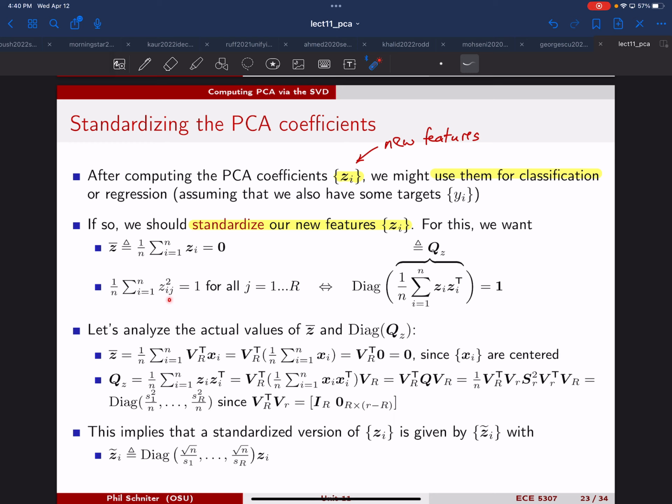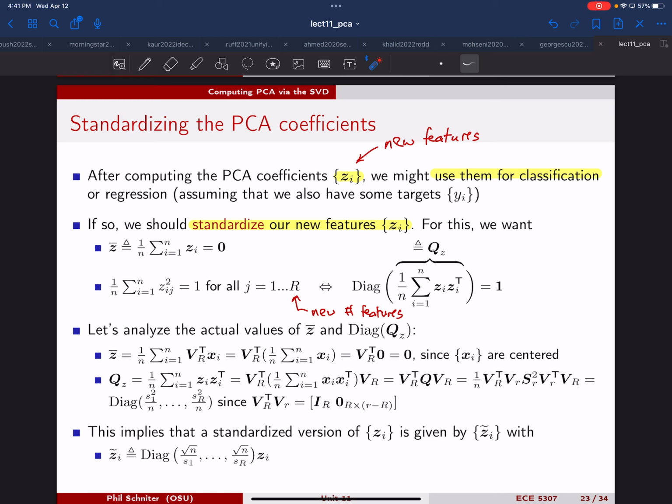So for the jth feature, if I look at the average over i of the squared jth feature, we want that to be 1 for all our new feature indices. We started with D features, but we squeezed it down to R, capital R. So we want all our new features to be unit variance.